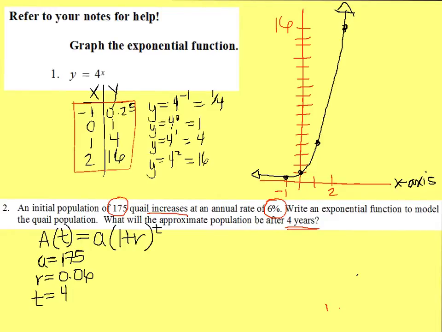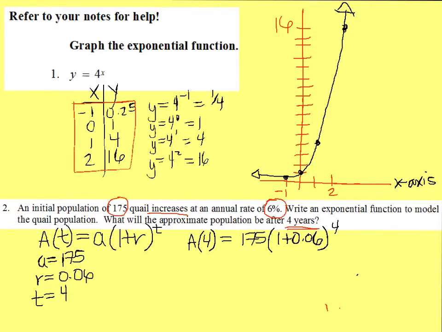So I'm just going to plug all of this in. I get A of 4 years equals my initial amount, 175, times the quantity 1 plus 0.06, raised to the power of 4. And all I'm going to do is plug that into my calculator.